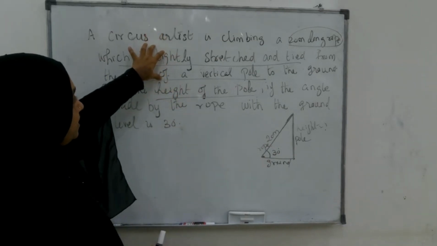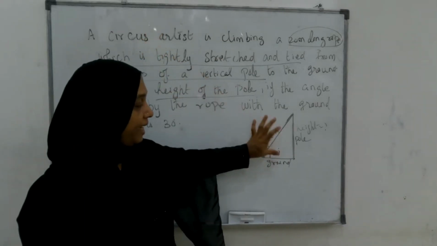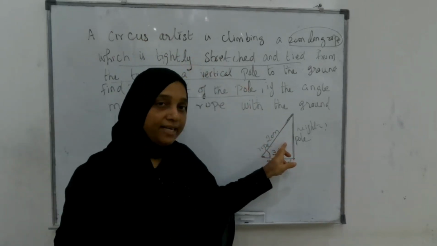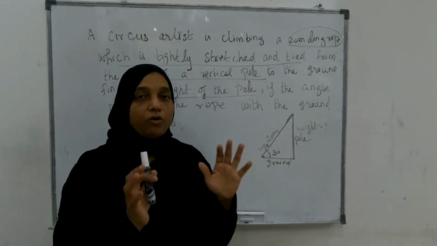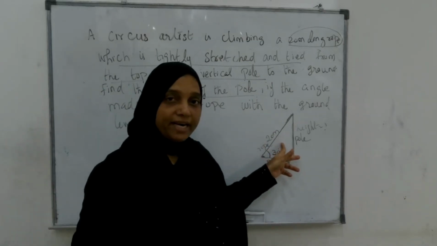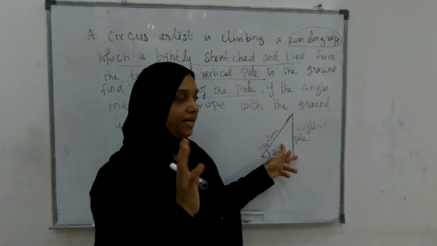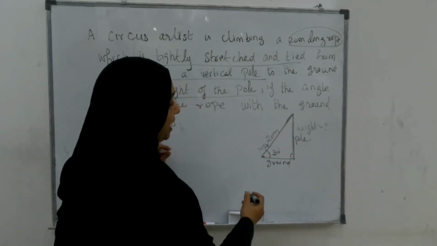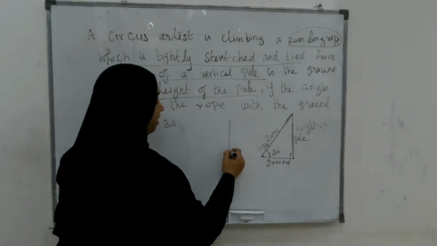Now we have represented this sum in a diagram, and this representation will always be a right angle triangle. We have to use the right angle triangle only to solve the sums. Here there is only one right angle triangle. Now, what is this angle? Before that, we will recall our basic concept.